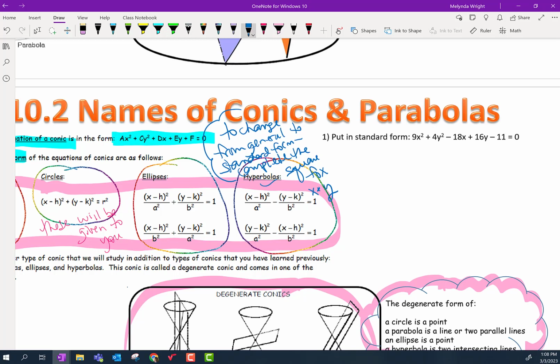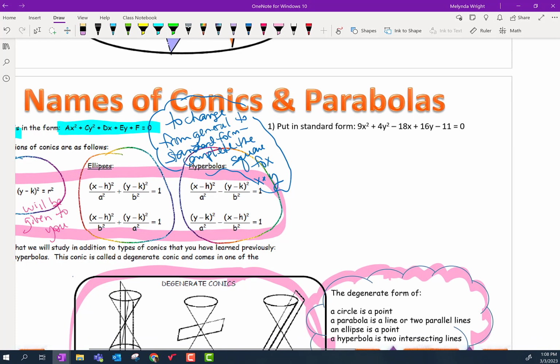Okay. So to change from general to standard form, it requires you to complete the square for x and y, or x or y, depending on how many of these little squareds you have. Okay, so let's work on that.